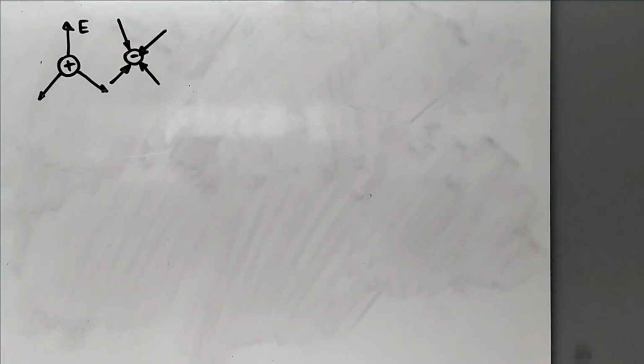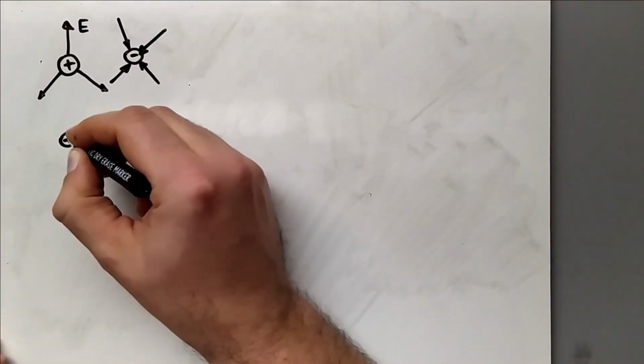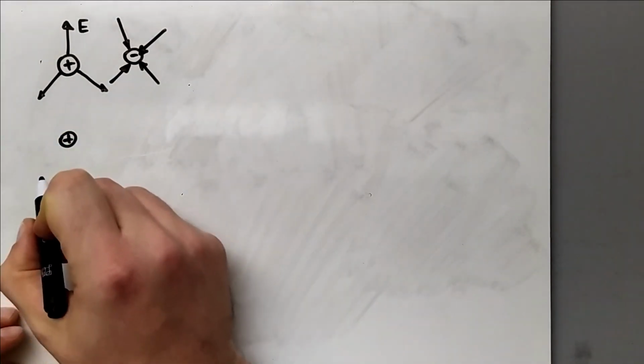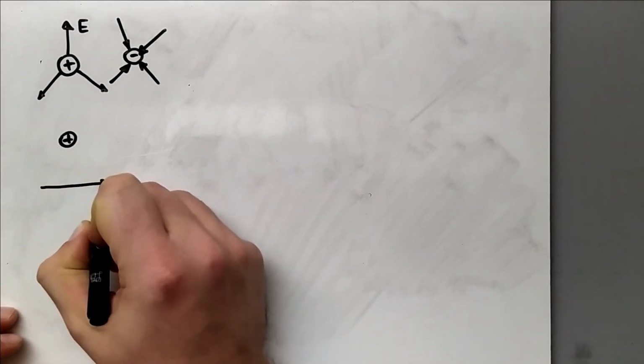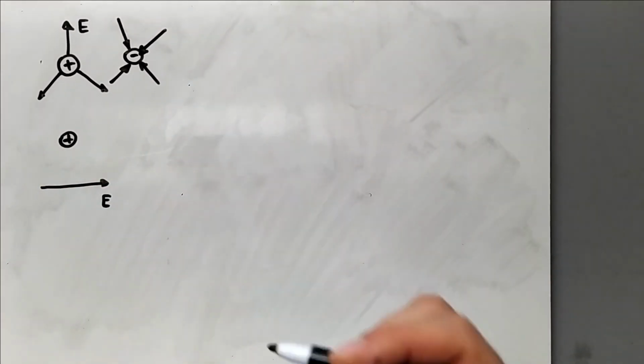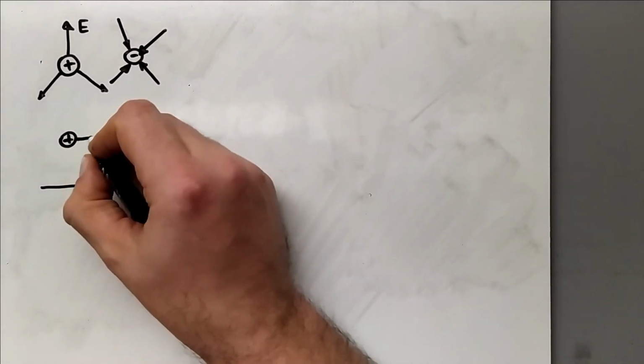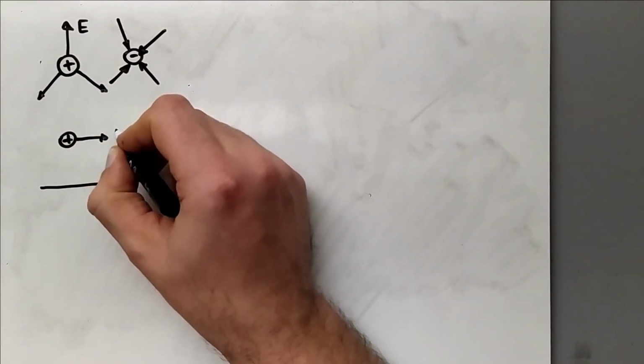So if we place a positive electric charge in an external electric field, then there will be some electric force exerted on this positive charge. This is our electric force.